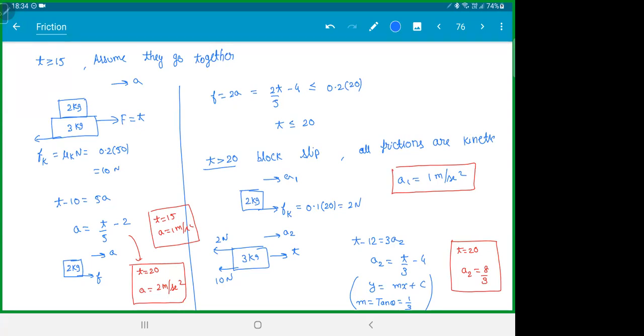Please check. Clear with this, everyone? Next one.